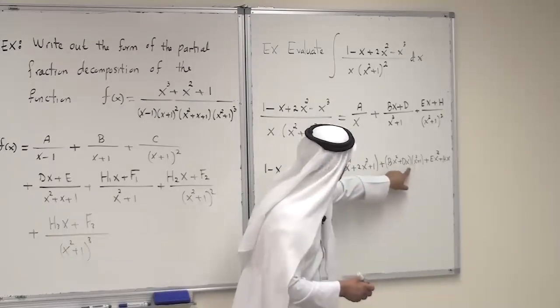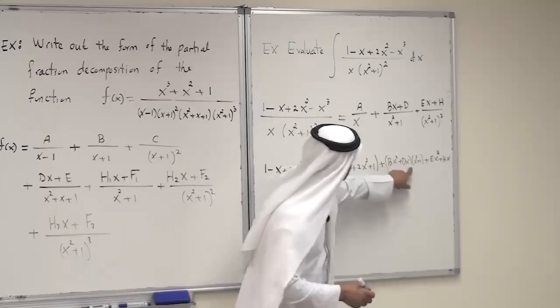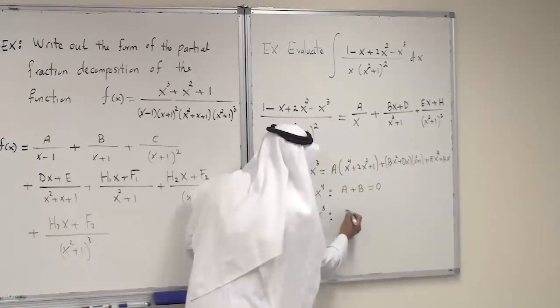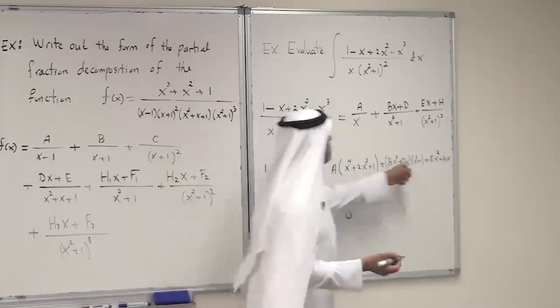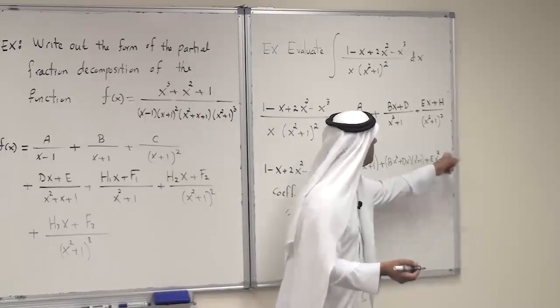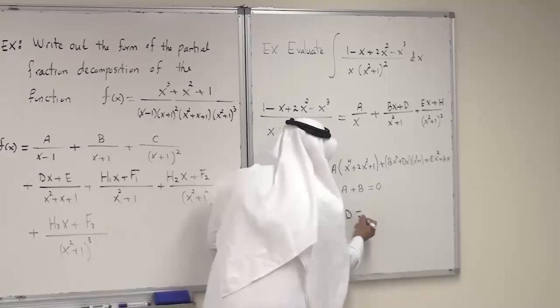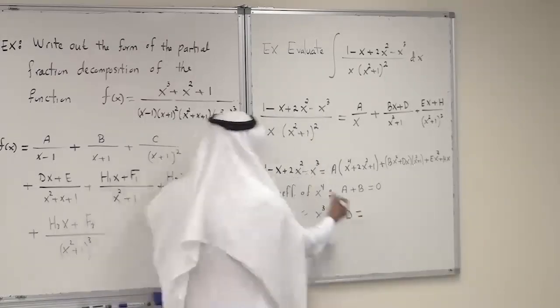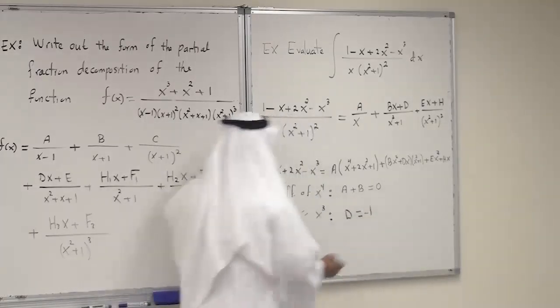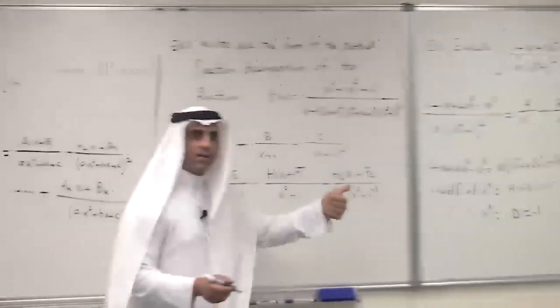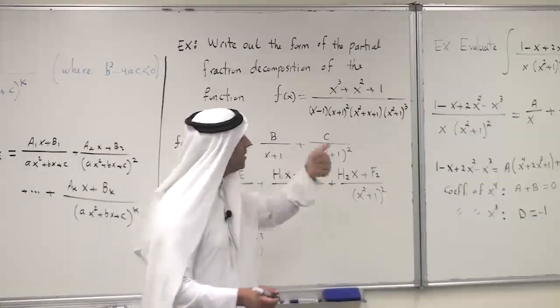Then this one will give me x cubed: dx times x squared, so it is d. Anything else? No, because this is just x, this is x squared, this is x. So it is only d. Now, what is the value of d? It is the coefficient of x cubed, which is equal to minus 1. The second equation directly gives us the parameter d.